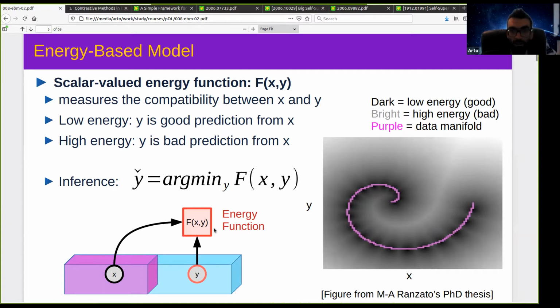And in this case, we can view this energy function as a compatibility measure between x and y. And when the returned value is low, then x is compatible with y, and vice versa. And if it's high, it's not compatible.